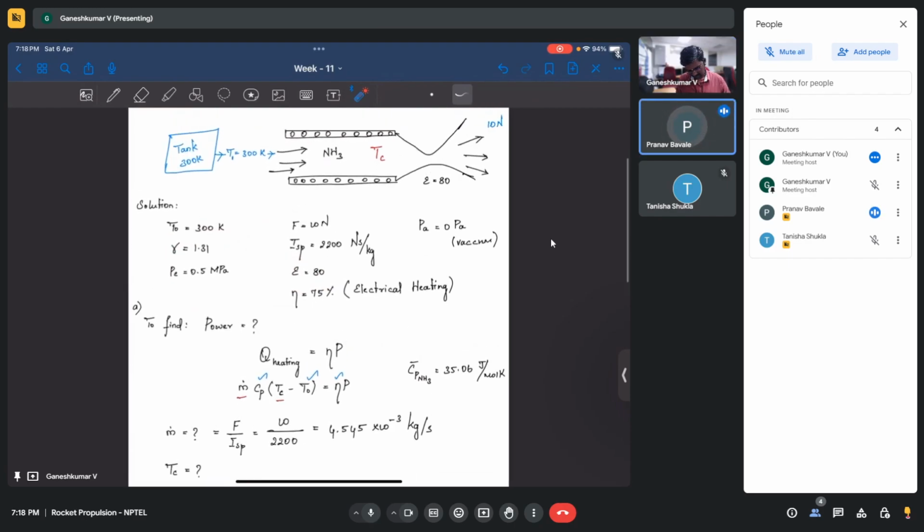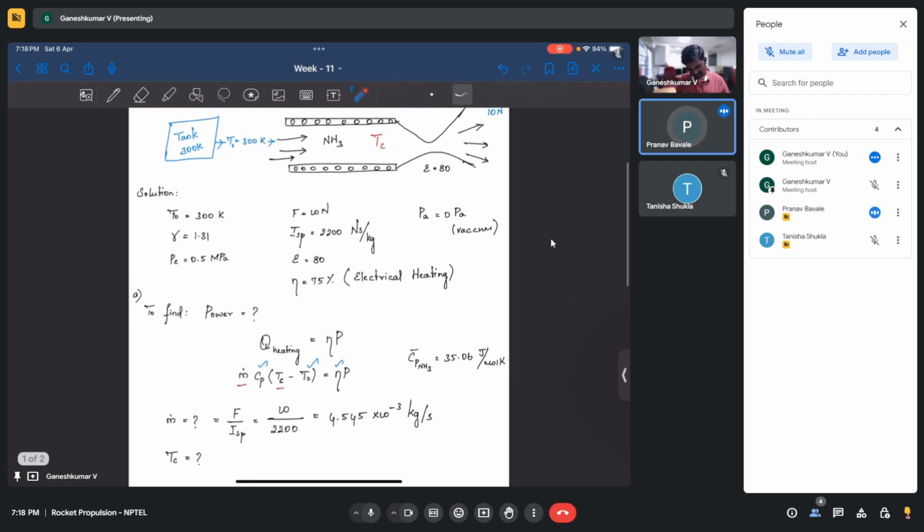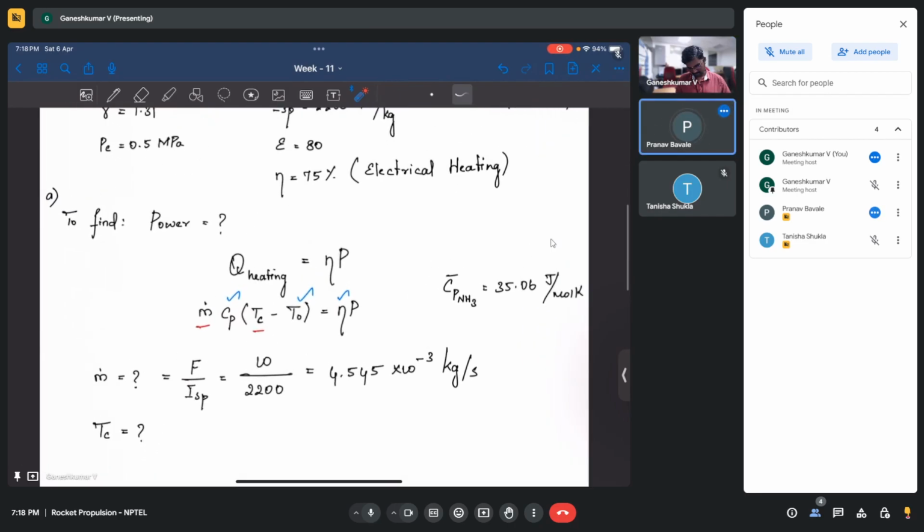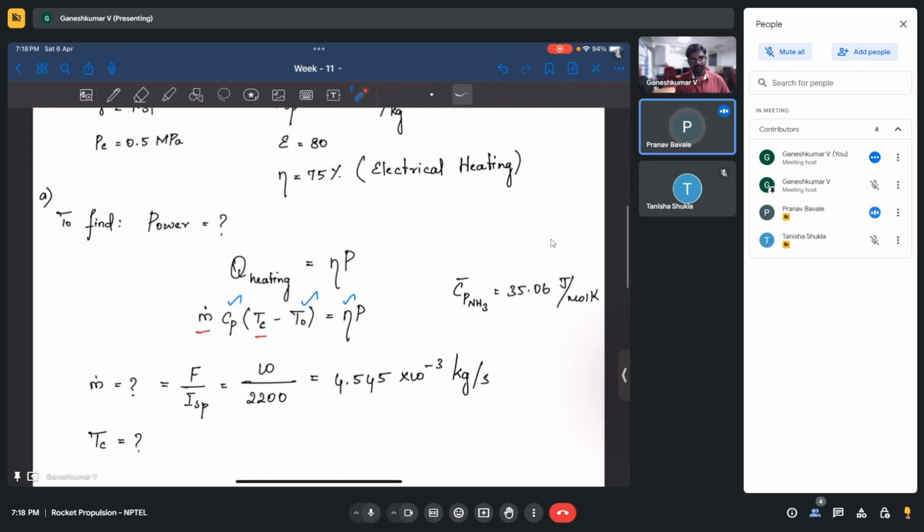From the formula of the area ratio, we can find the exit pressure, and from that we can deduce the exit temperature from the isentropic adiabatic equation.